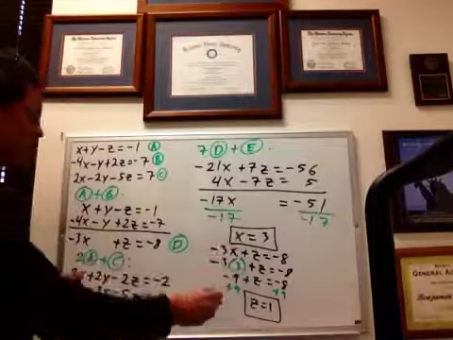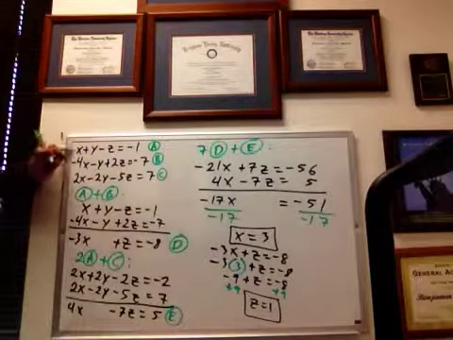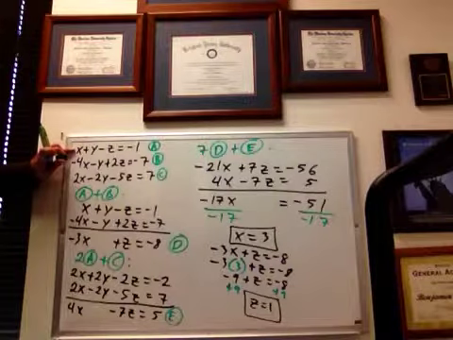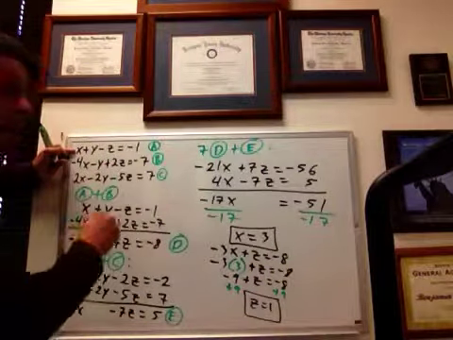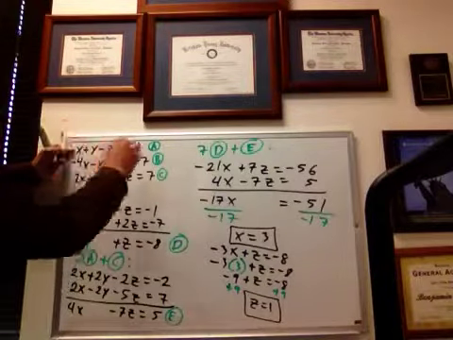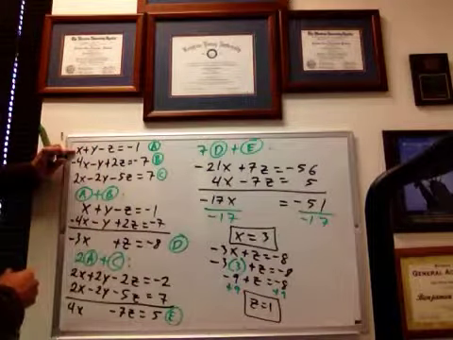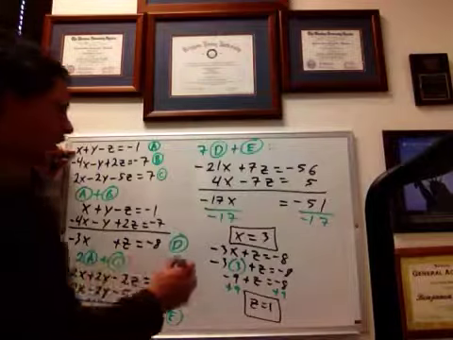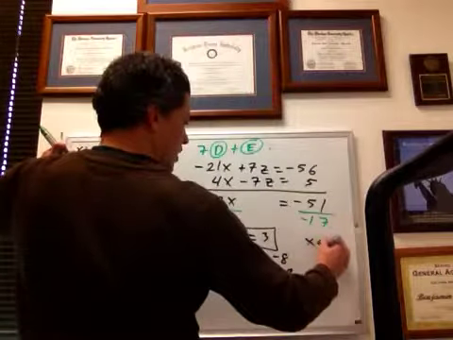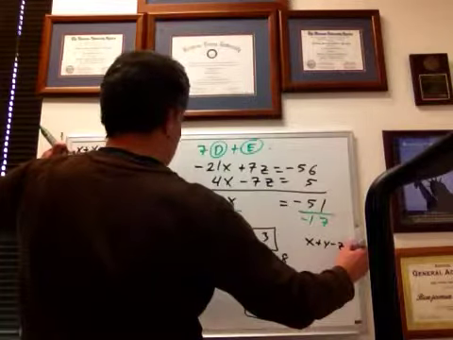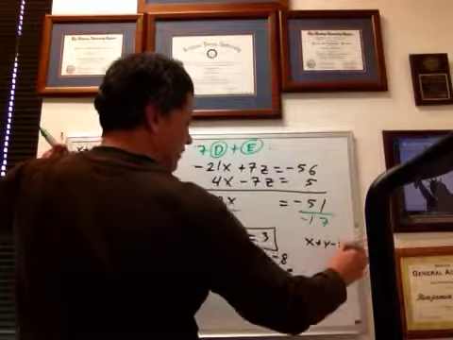So I've got x, I've got z. Let's find y. I've got equation A at my disposal that I think is the easiest one to use. So we've got the equation x plus y minus z equals negative 1.